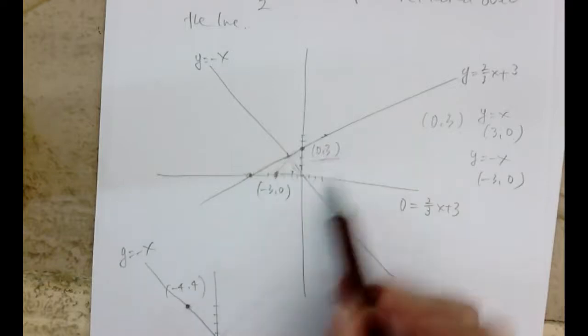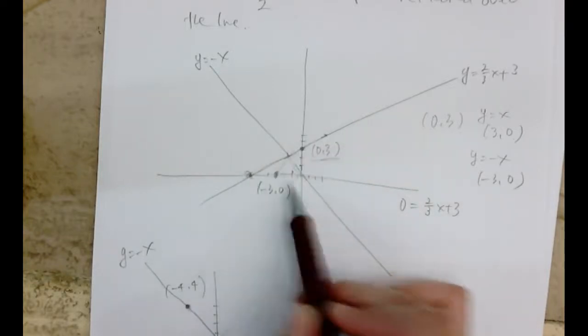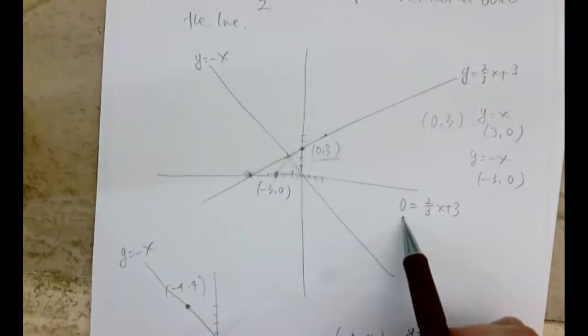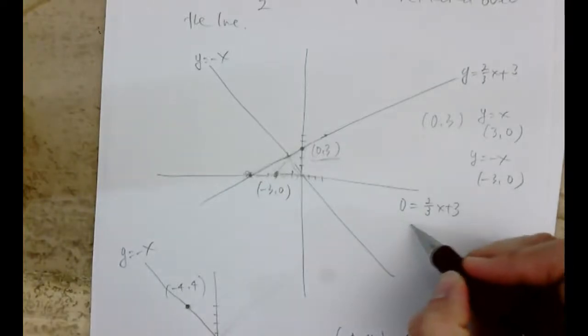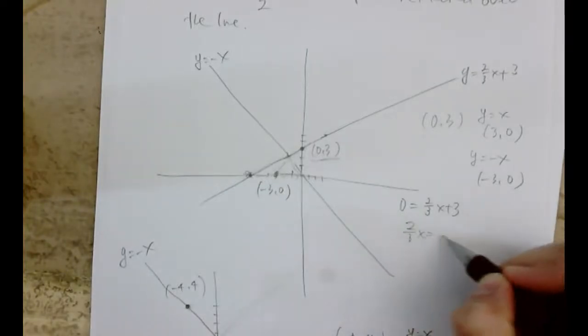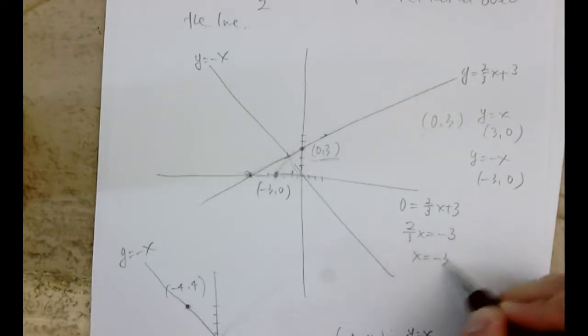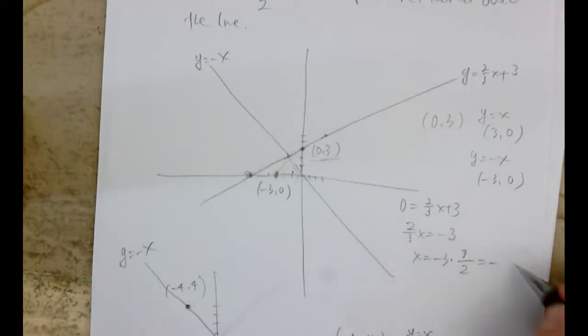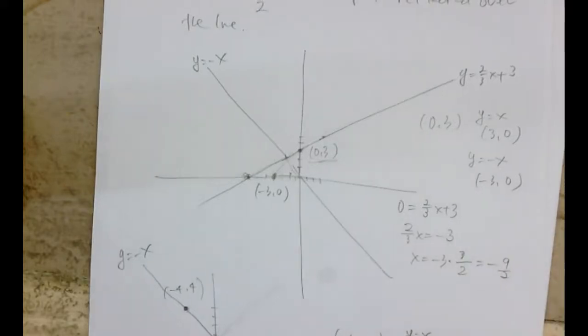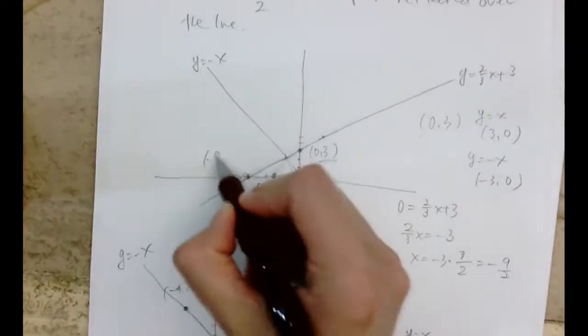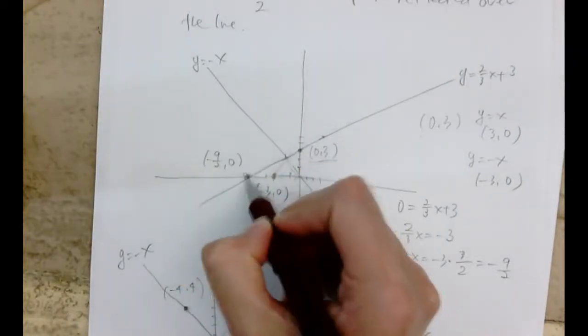The line intersects the x-axis when y equals 0. So 2/3 x is -3, so x is -3 times 3/2, which is -9/2. So this point right here is -9/2 and 0.